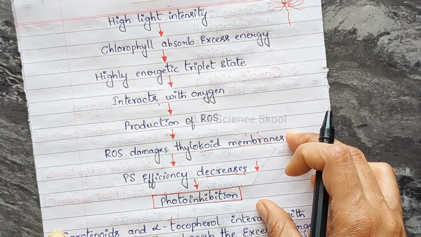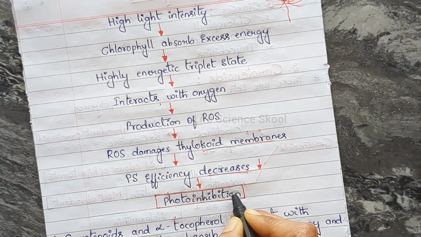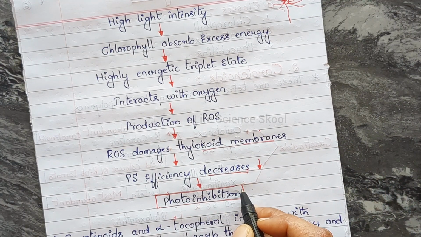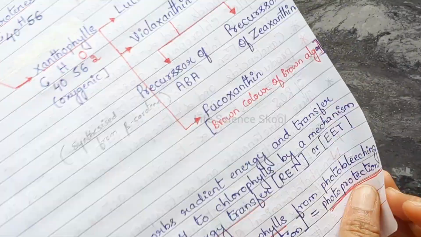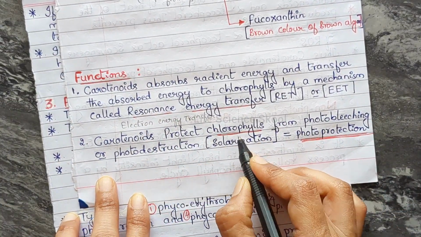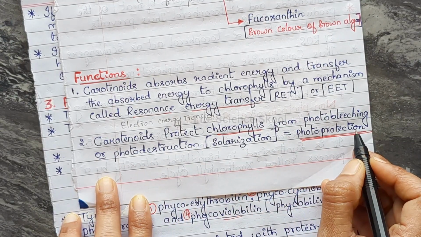This is how photoinhibition occurs. But carotenoids block the photoinhibition process, or suppress it. How? By giving photoprotection. Just now I explained in the second function that carotenoids protect the chlorophyll from photobleaching or photodestruction, that is, they give photoprotection.